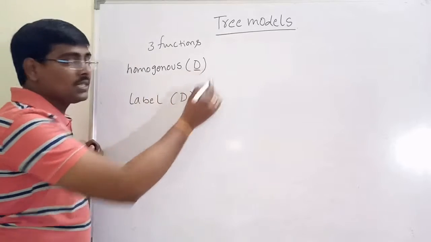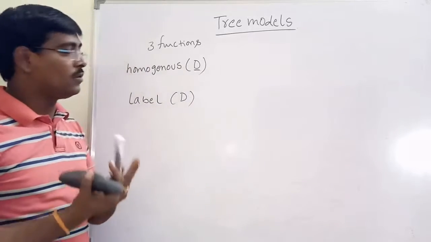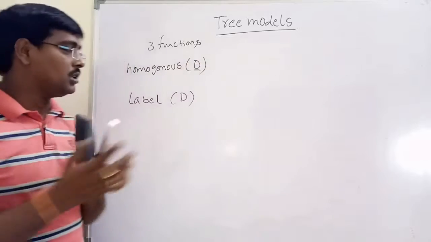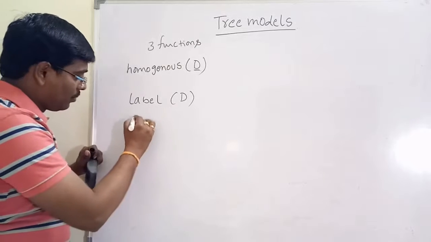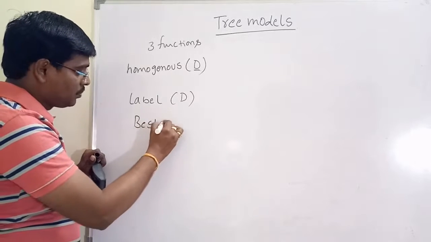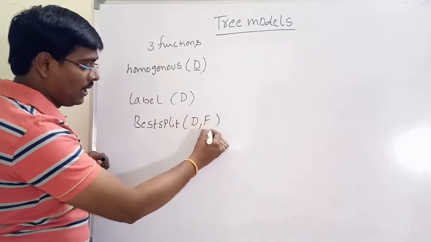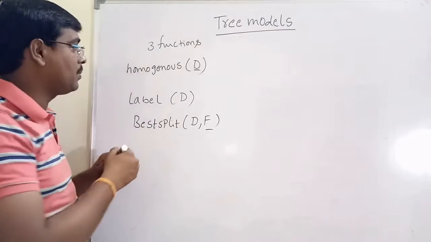Here D means the set of instances, that is, on which instances we want to perform the operation. And F is the feature on which we are performing the split operation.